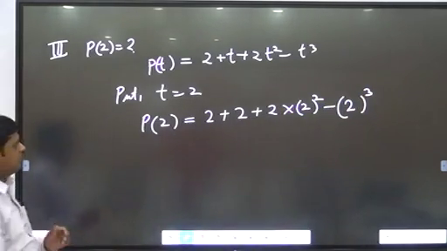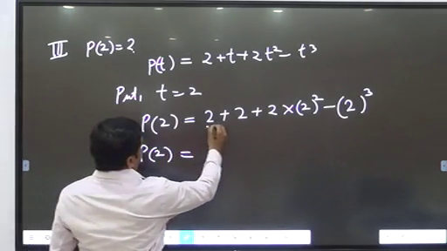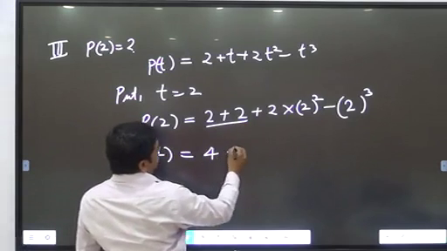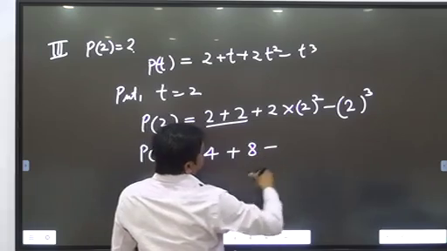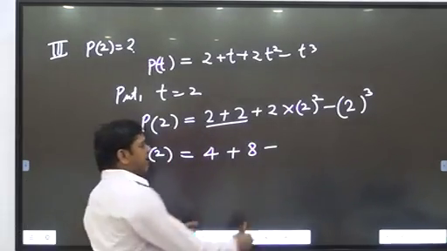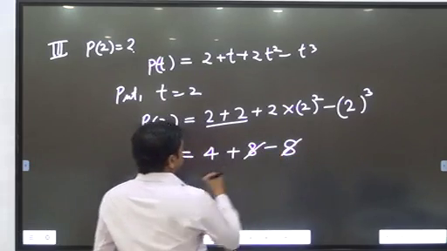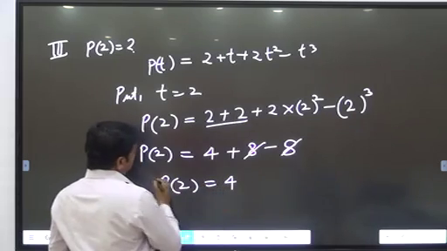So now solve. p(2) is equal to 2 plus 2 is 4, plus 2 into 4 is 8, minus the cube of 2, which is 8. The 8 and 8 cancel out, and p(2) is also equal to 4.